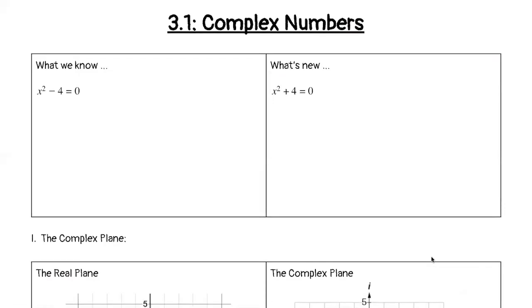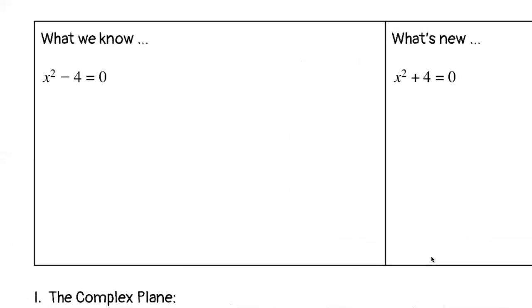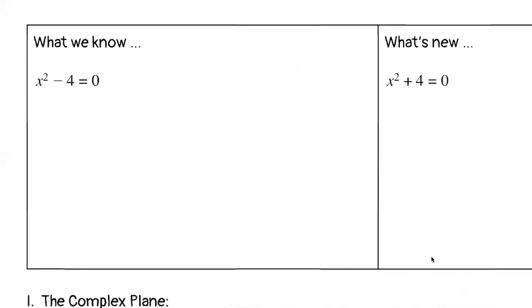All right. So 3.1 is something called complex numbers. So let's start with a little bit of what we know and what's new, and then we'll talk about some basics for what it means to be working in the complex plane. Okay. So let's take a look at this. x squared minus 4 equals 0. What's one way that I could start to solve this equation?